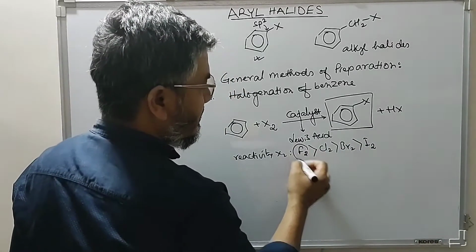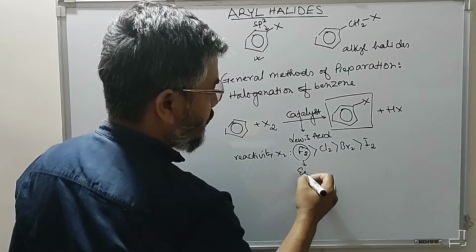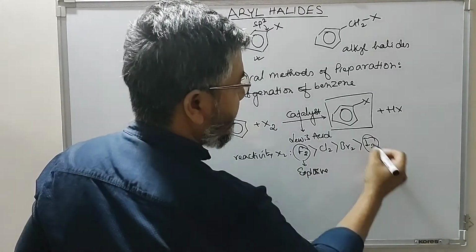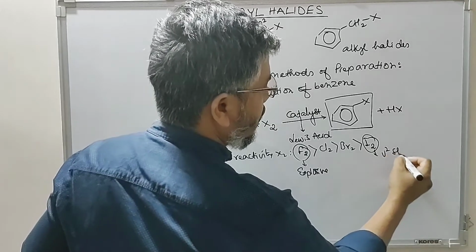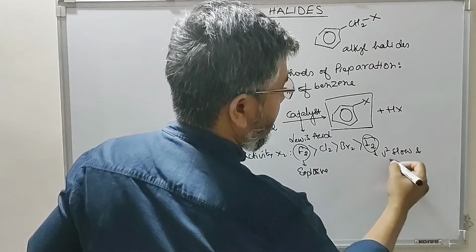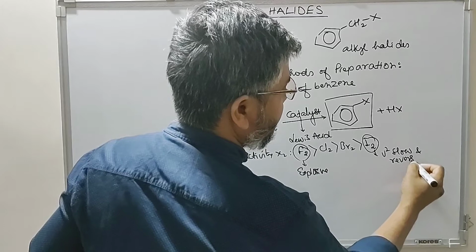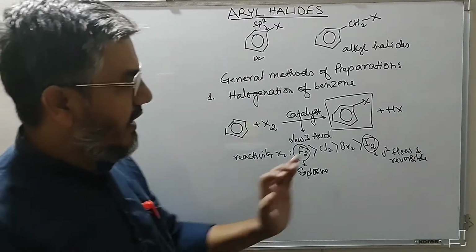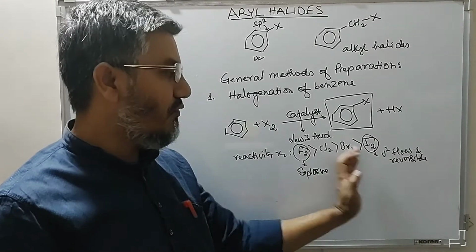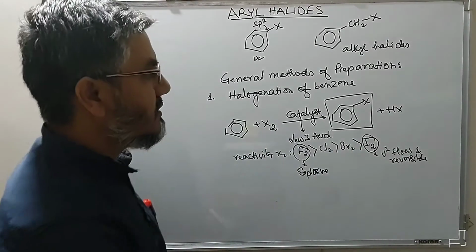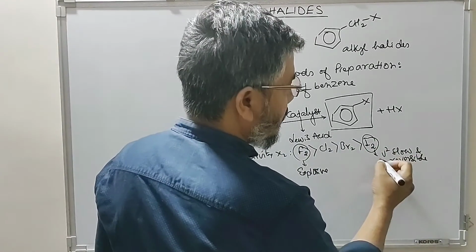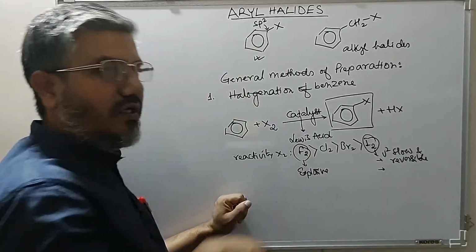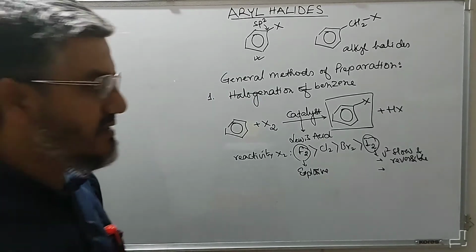With fluorine, the reaction is explosive, that is, highly exothermic. With iodine, the reaction is very slow and reversible. So whenever we carry out iodination of benzene, the reaction being very slow and reversible, it is carried out in presence of an oxidizing agent.